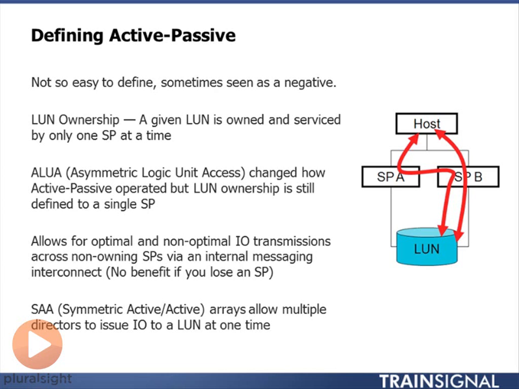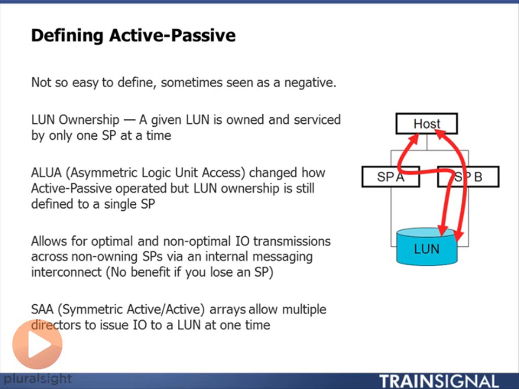Now, when you add in something such as ALUA, asymmetric logical unit access, this really changes how active-passive operates. But does it really? LUN ownership is still defined to a single SP. The best way for me to describe this is with a very common diagram for ALUA. It's not something that I developed.